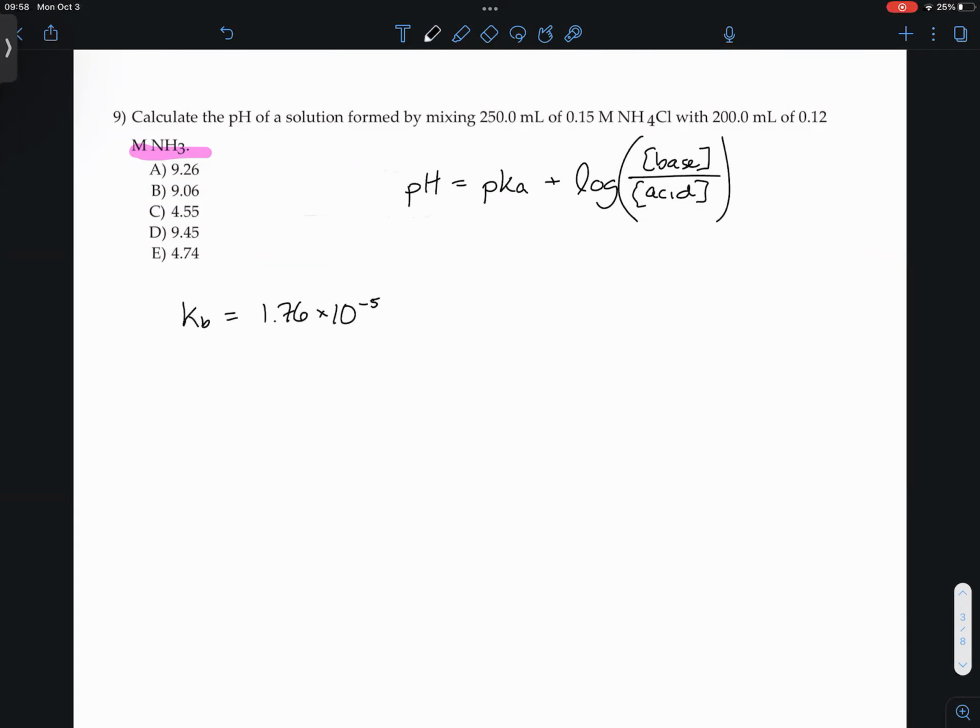But remember, we have this relationship between Ka and Kb. If I know the base dissociation constant, I can also figure out what it is for the conjugate acid, right? So my Ka times the Kb is equal to 10 to the negative 14. So I'm going to just solve for my Ka: take that 10 to the negative 14 and divide it by 1.76, not 5, times 10 to the negative 5.